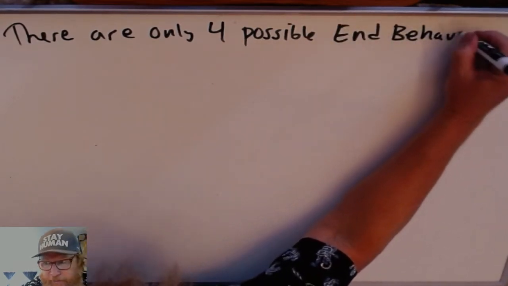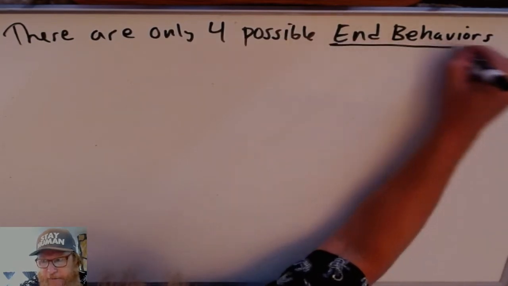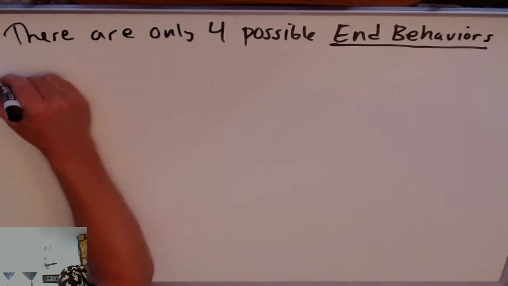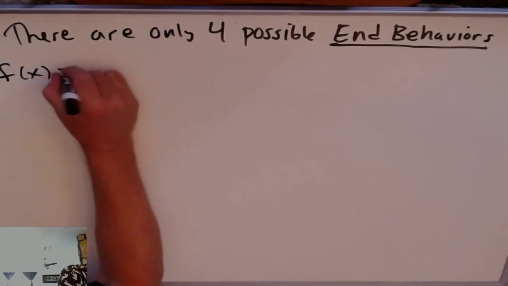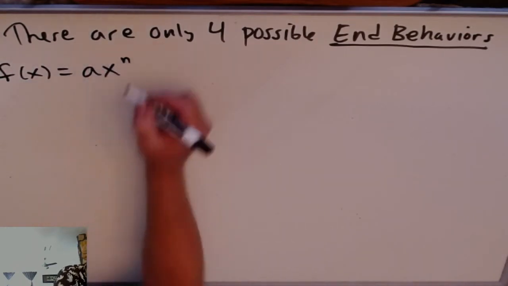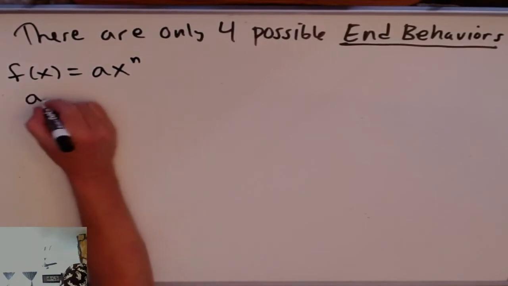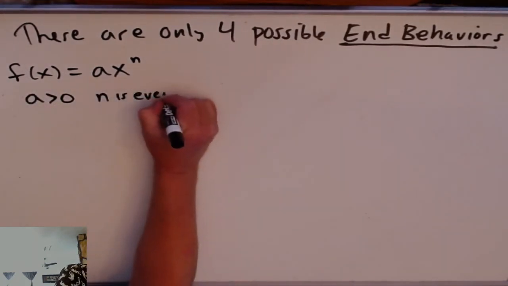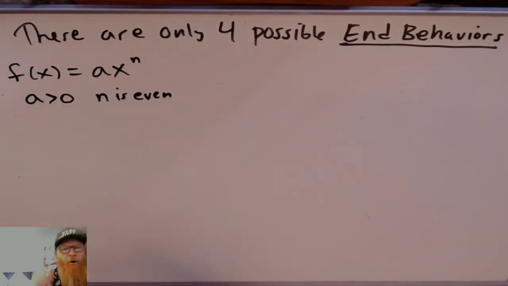There are only 4 possible end behaviors, and they depend on the value of the constant and on the value of the power. So you have f of x equals a x to the n. If a is positive and n is even, then both arrows go up.